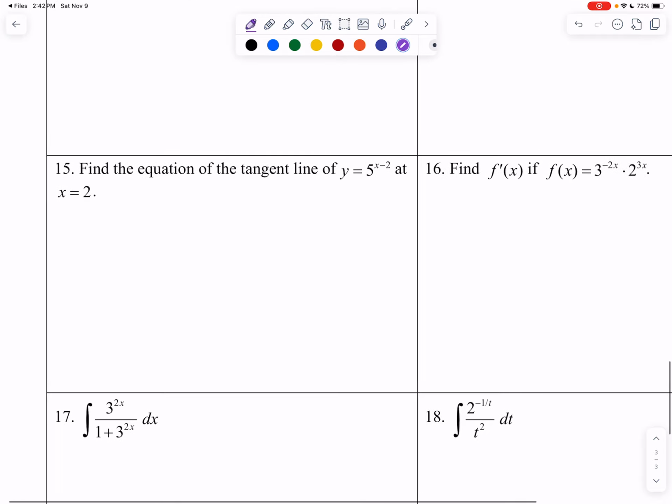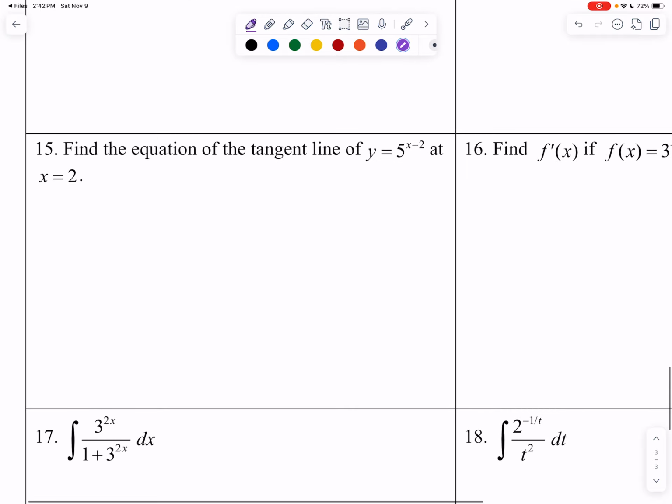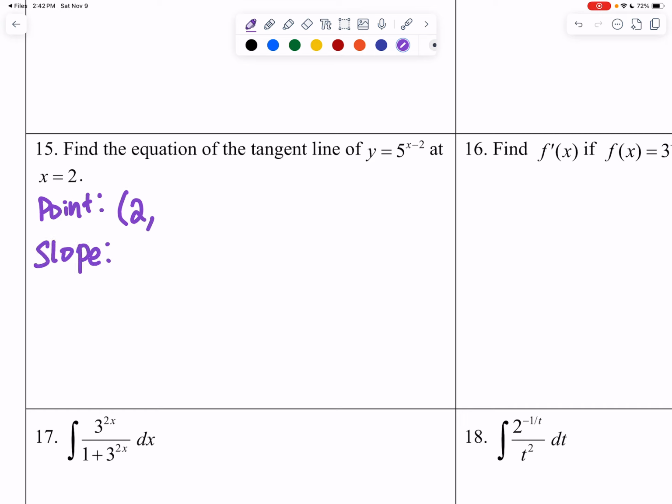15 and 16 is fun. So looking at 15, we want to find the equation of the tangent line of 5 to the x minus 2 at x is equal to 2. So I need to figure out what my point is, and I need to figure out what my slope is. Well, my point, it's 2 something, and then my slope, I gotta take the derivative of that. Well, to find my point, I'm gonna go ahead and plug in 2.